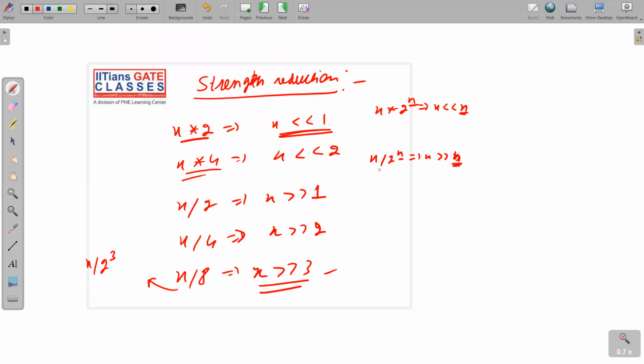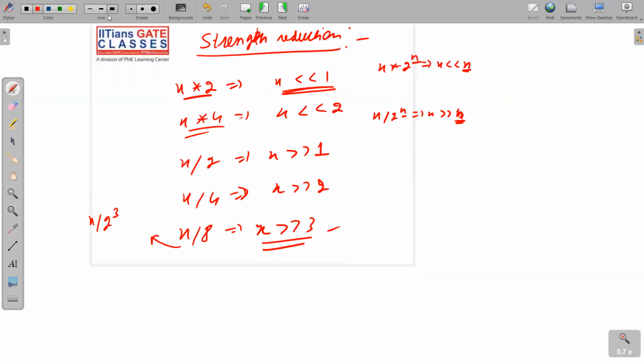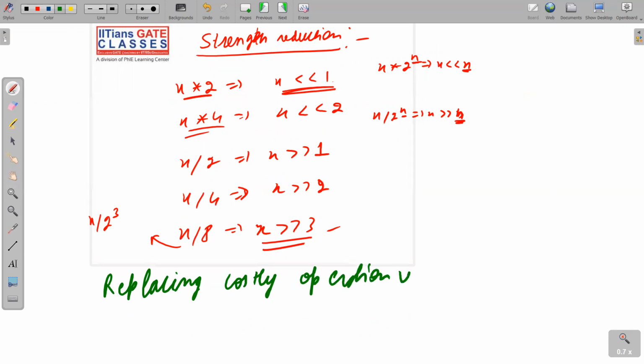I will show you the definition of it. Please try to follow it. This has been asked many times in UGC-NET and other competitive exams. Strength reduction means replacing a costly operation with a less costly one.